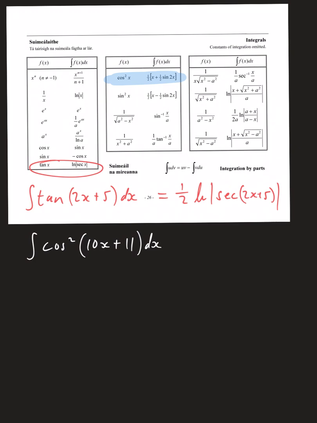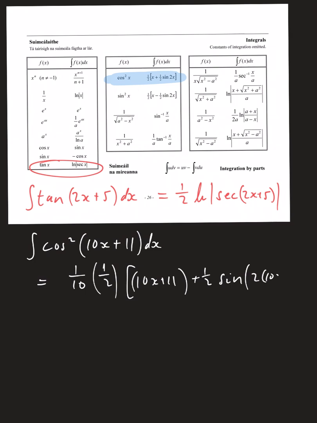So that's going to be equal to 1 over 10. And if I go to my formula, I see it's a half times, in the formula it's x, here I'll have 10x plus 11, plus a half, sine, in the formula it says 2x, so here I'll put 2 times 10x plus 11, plus c.